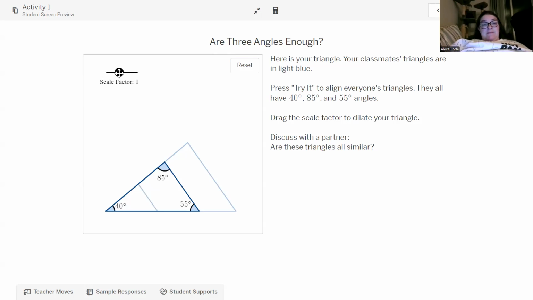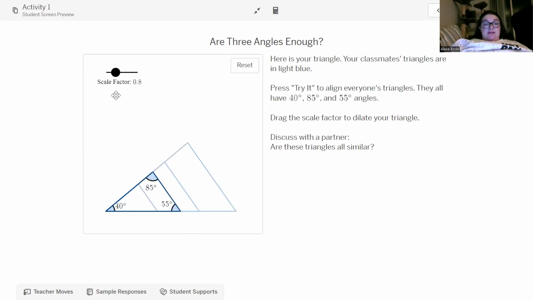And now I can move my triangle to have a larger or smaller scale factor. Notice I can dilate it. Here's a scale factor of 1.4 to match up with that one. Here's a scale factor of 0.56 to match up with that one.